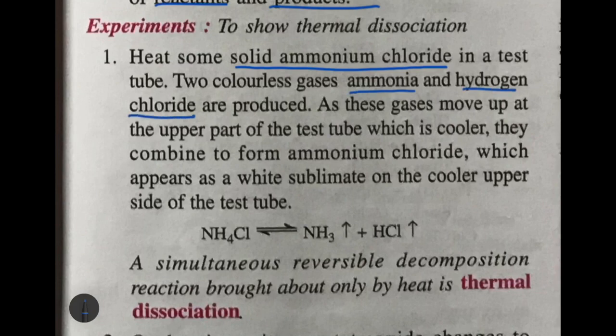Now supposing this is the test tube and we have taken ammonium chloride, which is a solid, and we heat it, what will be formed? You'll see 2 gases coming out. One is ammonia and the other one is hydrogen chloride gas.